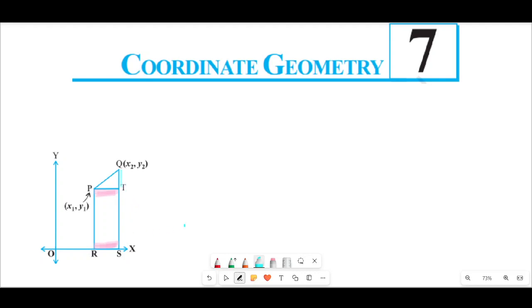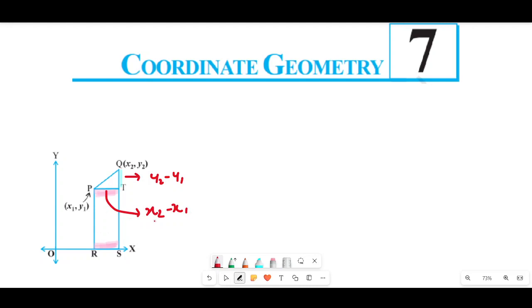Then how can I find out the distance QT? If we subtract y2 minus y1, then we will get the distance QT, y2 minus y1. Now this will be x2 minus x1. Clear?